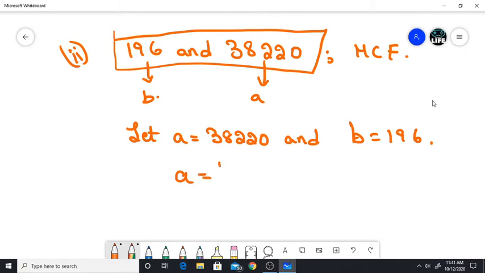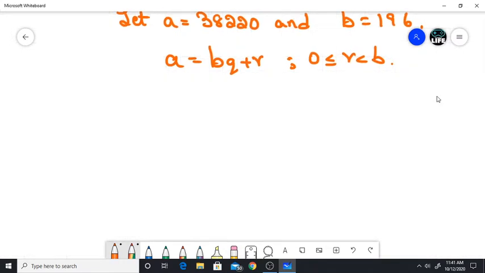Again, A equals to BQ plus R, where 0 less than or equals to R less than B. So A equals 38,220 equals to 196 into 195 plus 0. I will explain you how here 195 has come.